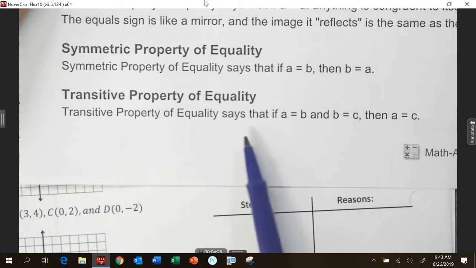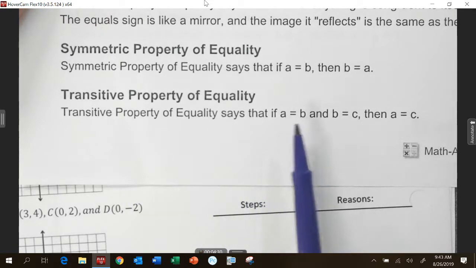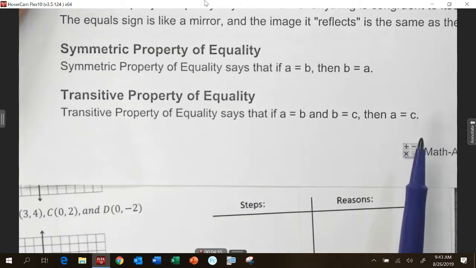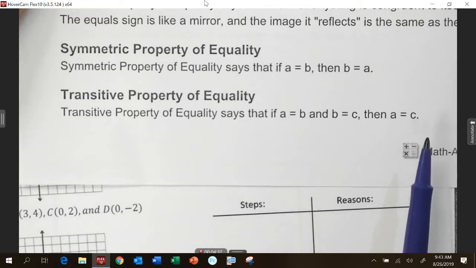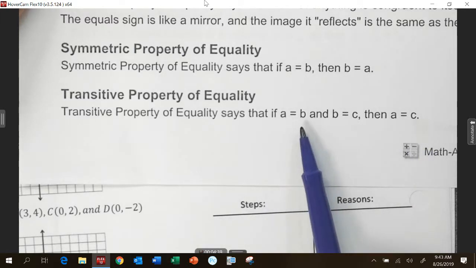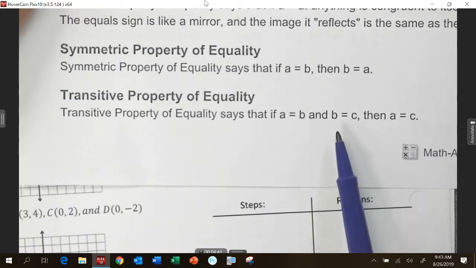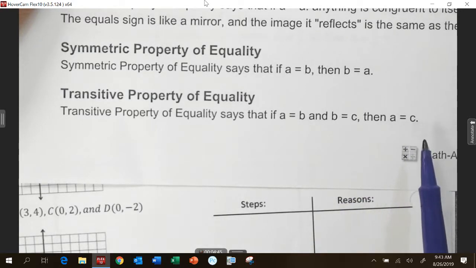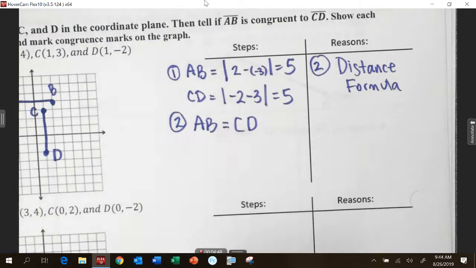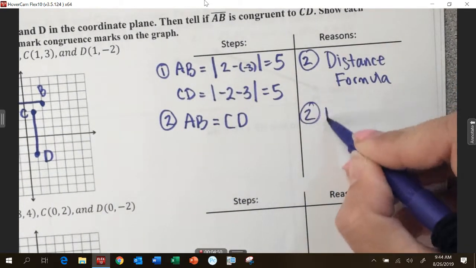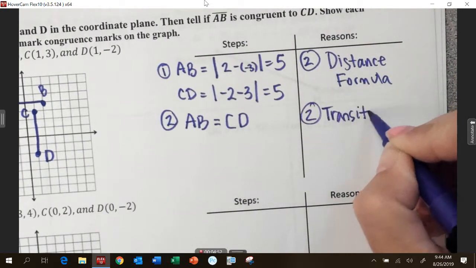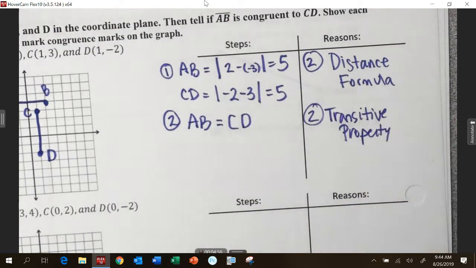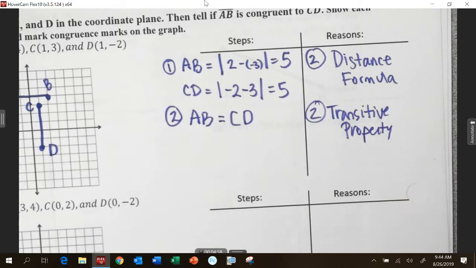The transitive property of equality says, if A equals B and B equals C, then A equals C. So I'm going to say that again with what we just did. If AB equals 5 and CD equals 5, then AB equals CD. That's called the transitive property. The transitive property allows us to do that.